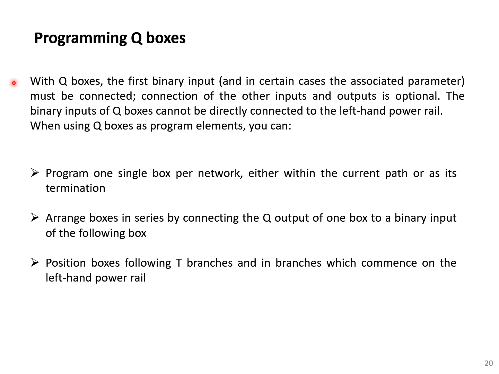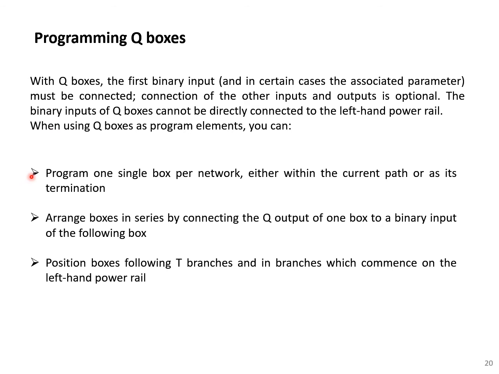Programming queue boxes. With queue boxes, the first binary input, and in certain cases the associated parameter, must be connected. Connections of the other inputs and outputs are optional. So you must have one input connected, but the others are optional. The binary inputs of queue boxes cannot be directly connected to the left-hand power rail.